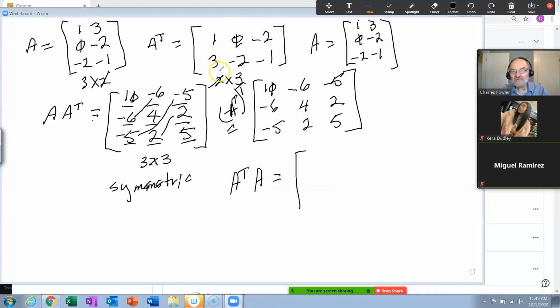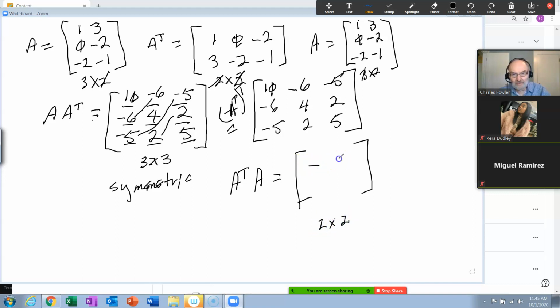Oh, what size is it? This is a 2 by 3. This is a 3 by 2. Wipe out the middle values and you get a 2 by 2. So this is a 2 by 2 matrix here. So obviously it's not the same as A transpose or A, because they're completely different sizes.